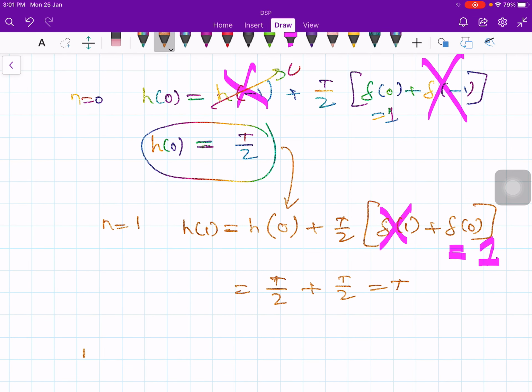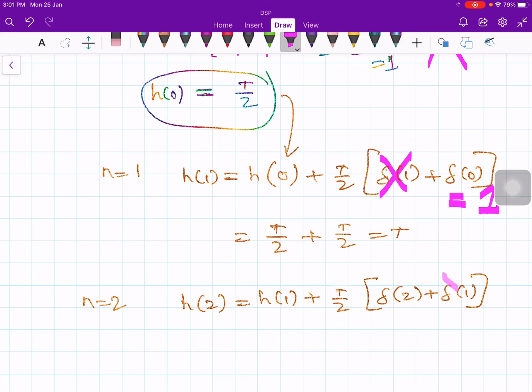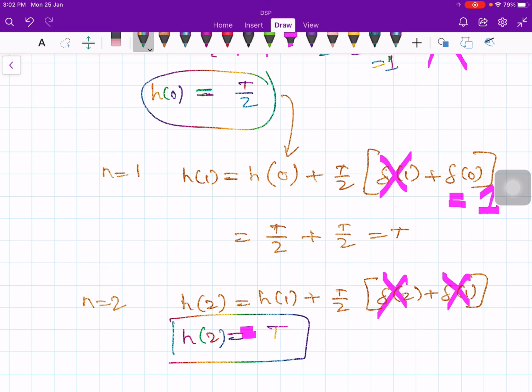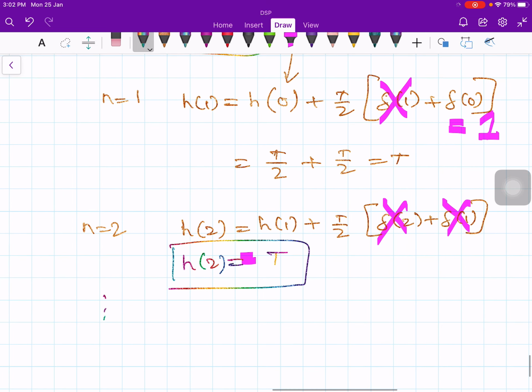Substitute n equal to 2. h of 2 is equal to h of 1 plus T by 2 times delta of 2 plus delta of 1. Now this is 0, this is also 0. What is h of 1? h of 1 is T. Therefore, h of 2 is equal to T. Similarly, you keep computing this.